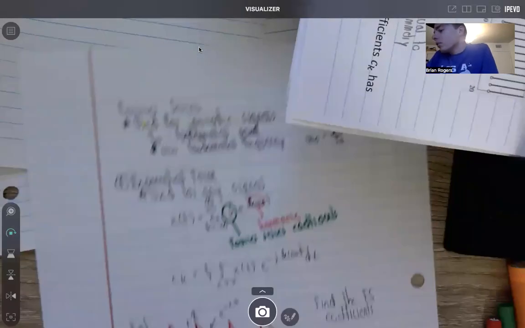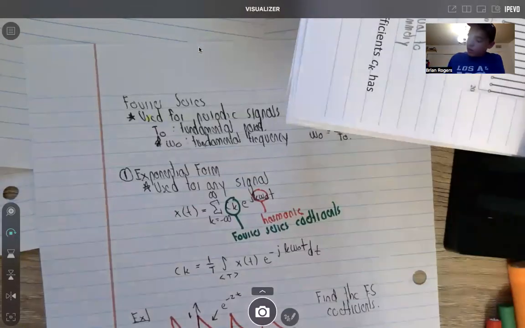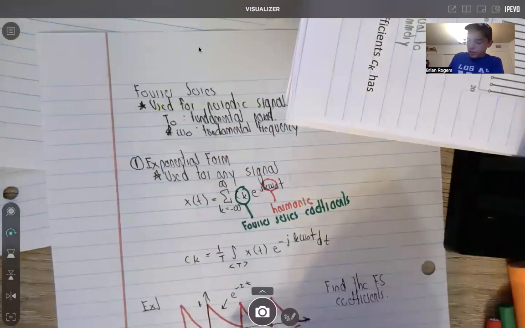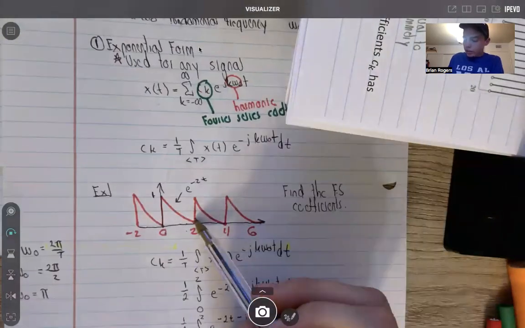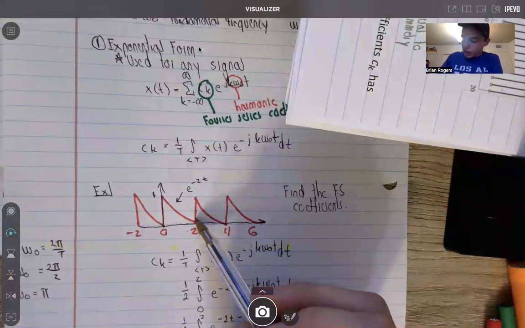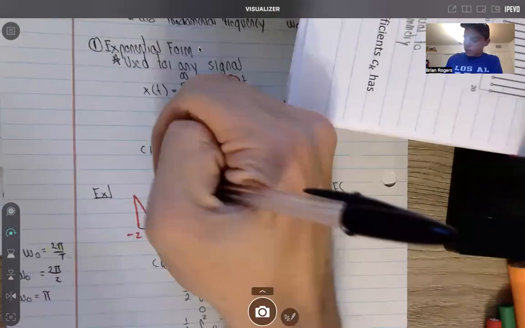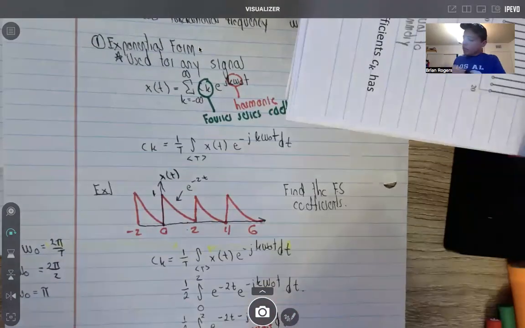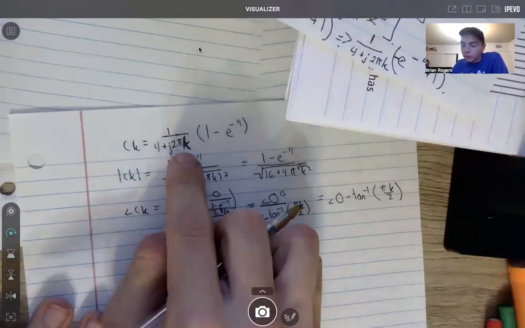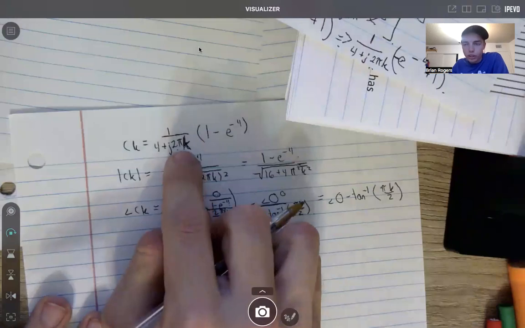We took a signal, our x of t here, and this was continuous. It had a value at every point. This is our x of t, in the time domain. And what we see is that our answer is going to be discrete because it's only for values of k, which are 0, 1, 2, 3, 4.